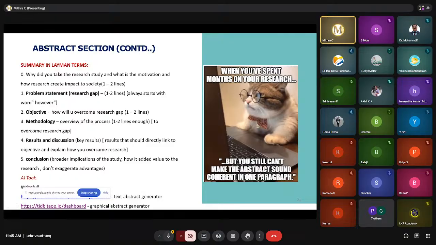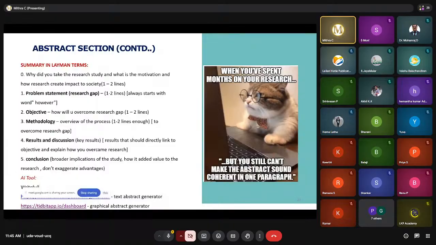What kind of research gap prevailed there? That has to be done always. When you write about the research gap, it always starts with the word however. We need to write 1 to 2 lines, followed by the objective. The objective is how you overcome that research gap, what techniques you are using to overcome that research gap, to be mentioned in 1 to 2 lines.